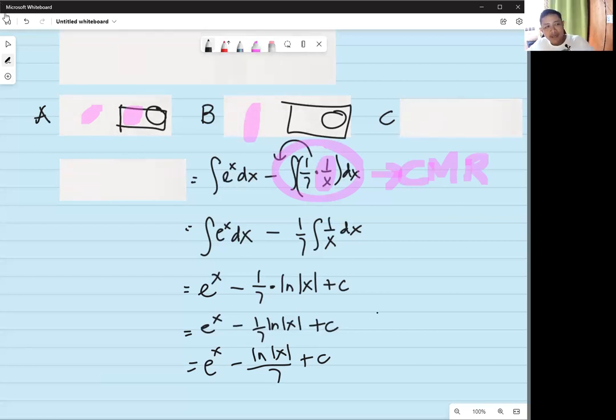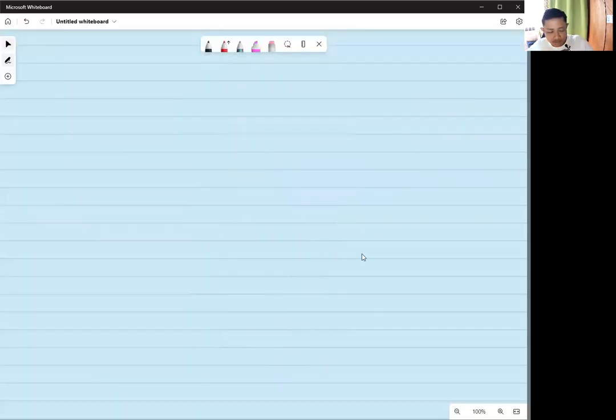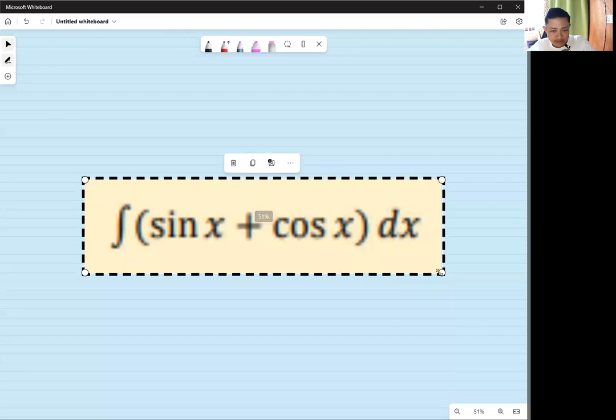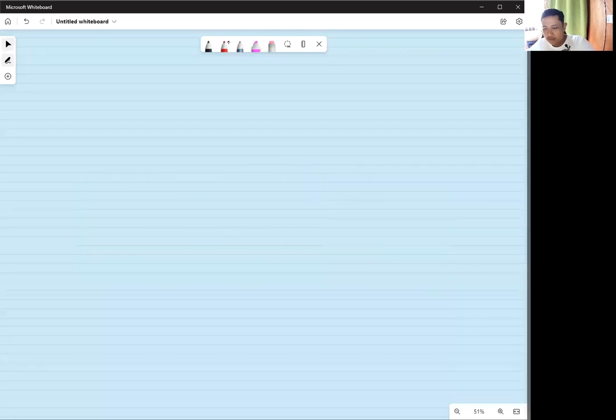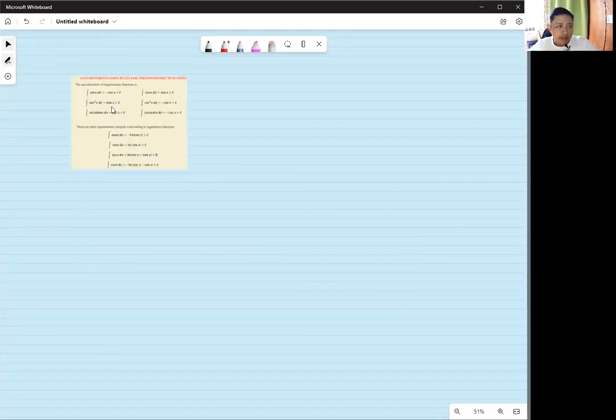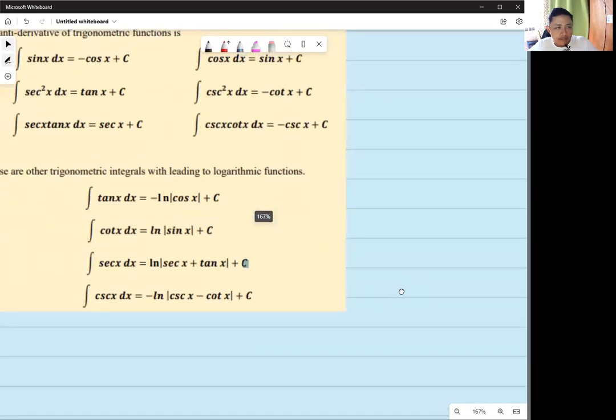And so, now, let's go back to this. Wait lang. Mali. Ito munang mga rules. The rules, all we have to do is to have a copy of this para guided tayo sa ating mga formulas.